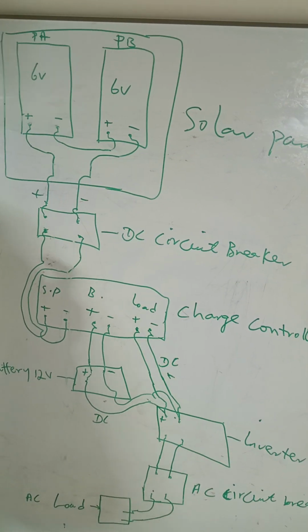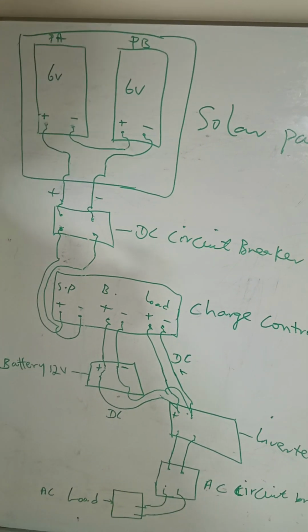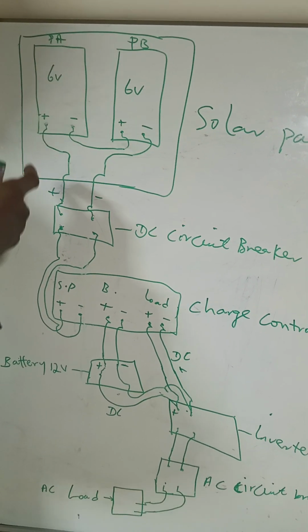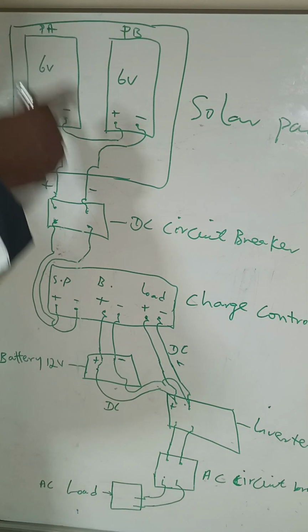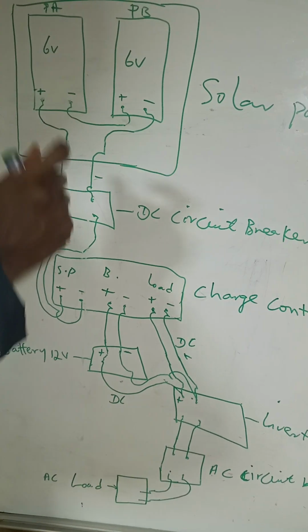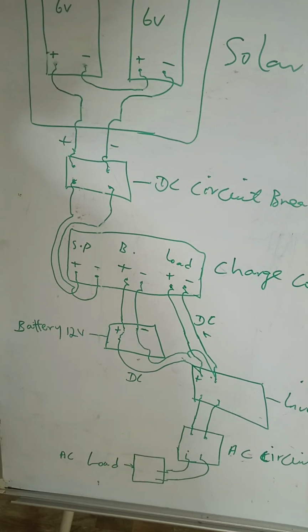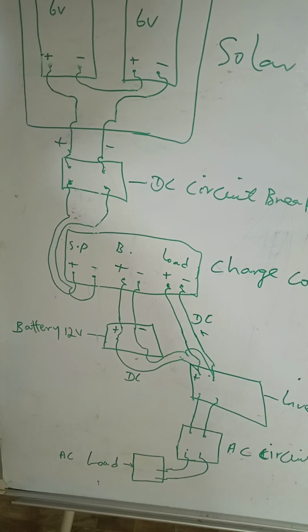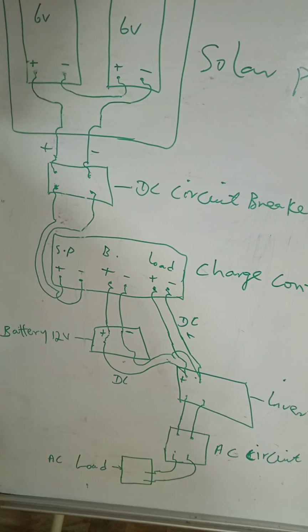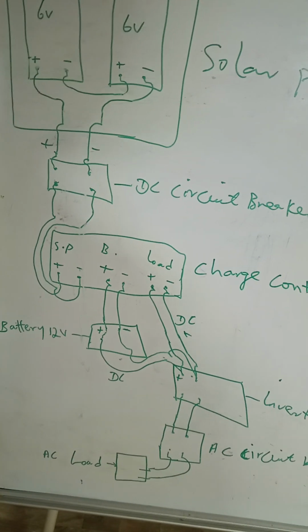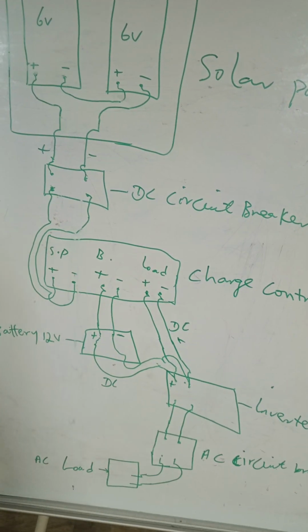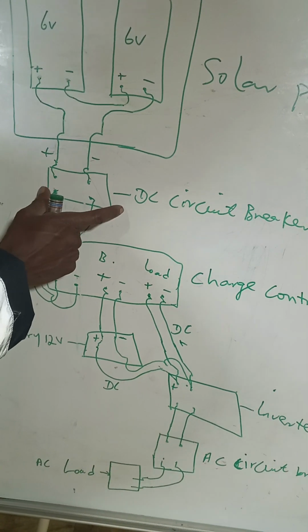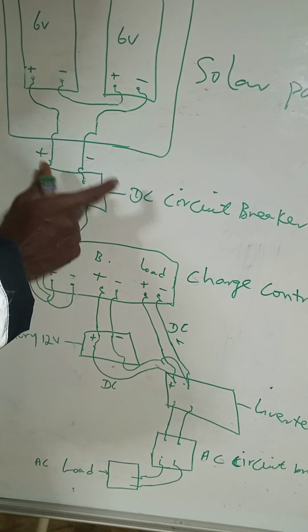In case there is a spike in voltage, perhaps a thunder strike or a sudden spike from the panel, instead of the spike coming directly to the charge controller, where it can damage the electronic components, the breaker will trip and save the charge controller. A charge controller is somewhat expensive, depending on the capacity of the solar system. So we have here a block of DC circuit breaker.